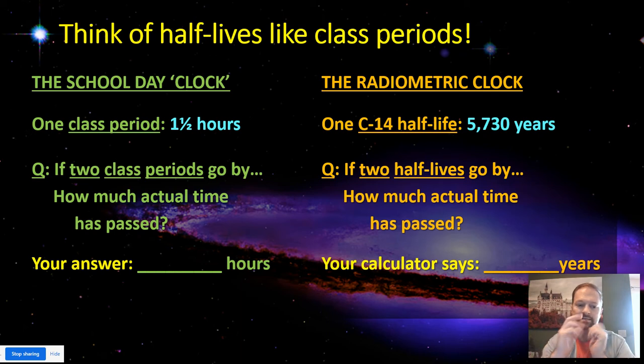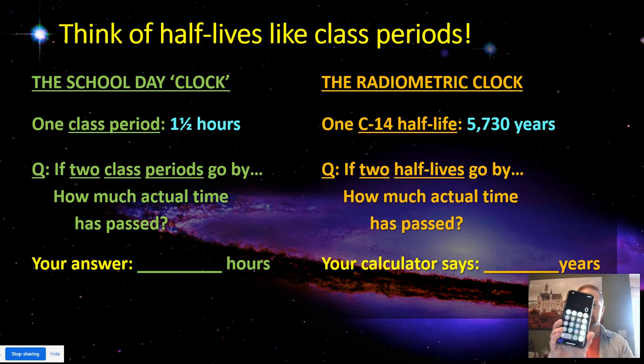it's not quite as easy as adding 90 minutes and 90 minutes, 1.5 hours times 2. This is now 5,730 years times 2. It's a good idea to practice this right now because you're going to be doing a lot of this in the next few exercises. So on your cell phone, right, open up your cell phone and go to the calculator.